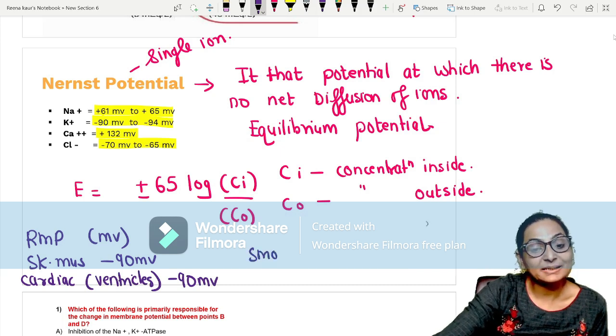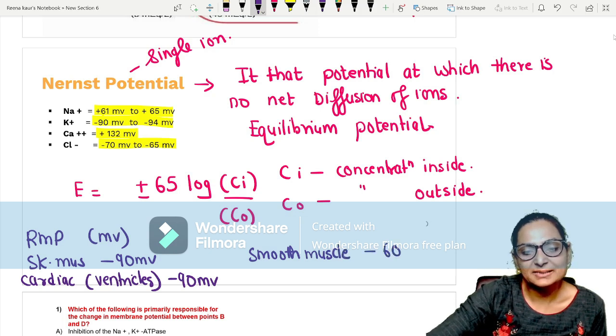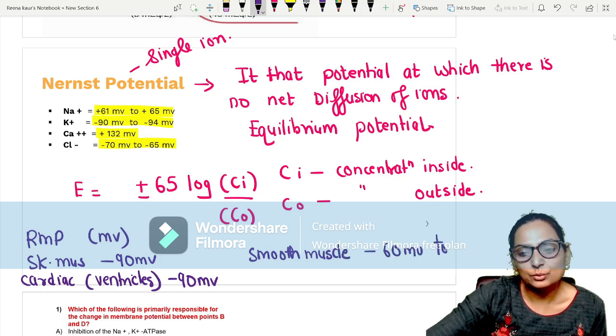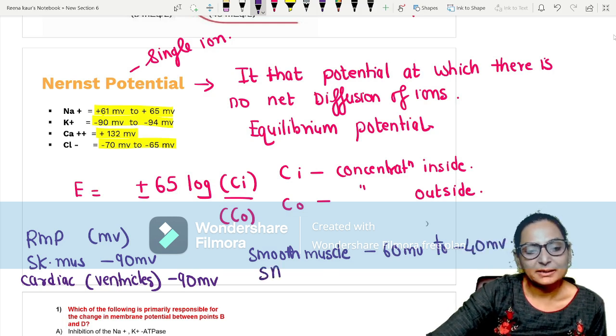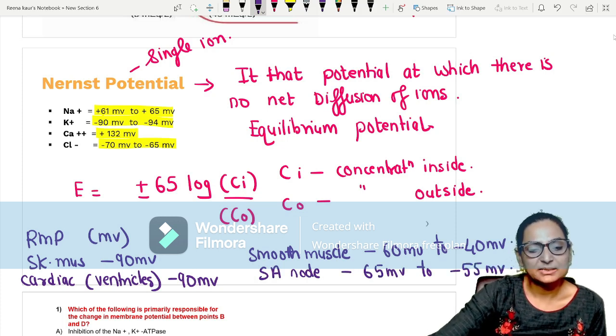Smooth muscle is less negative, between minus 60 millivolts to minus 40 millivolts. SA node minus 65 millivolts to minus 55 millivolts.